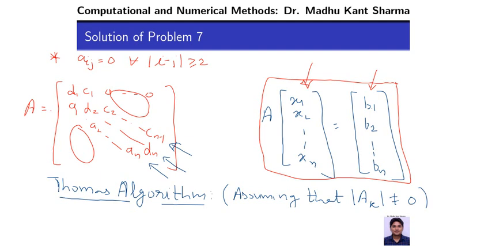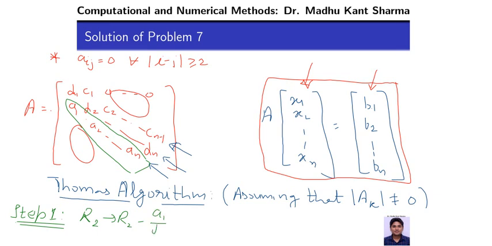So this is the idea: you are going to apply the basic Gauss elimination, creating zeros in place of these Ai's. For this, what is your step 1? R2 is changed into R2 minus A1 by D1 times R1.